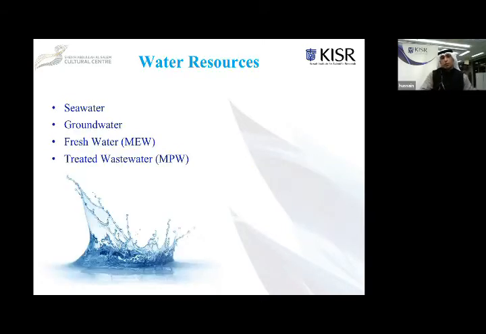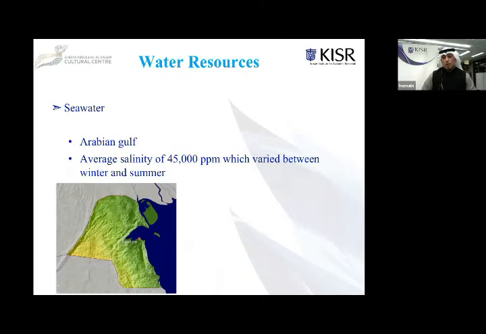Of course, according to the geographical location of Kuwait, we only have the Arabian Gulf, with a salinity of 45,000 ppm, which varies between the different seasons. It is high in the summer according to the precipitation percentage, and low in the winter, roughly between 42 and 47 ppm.